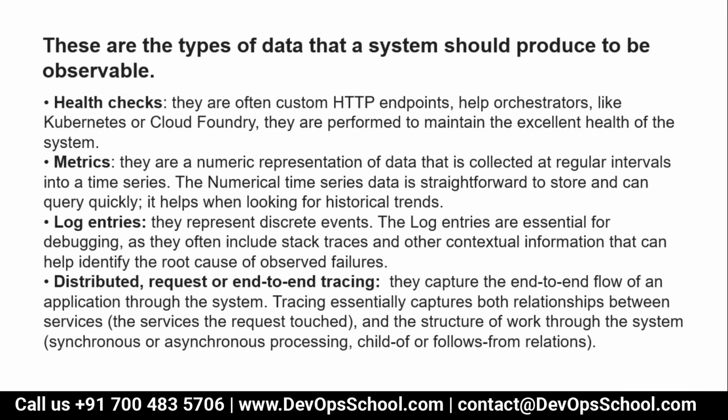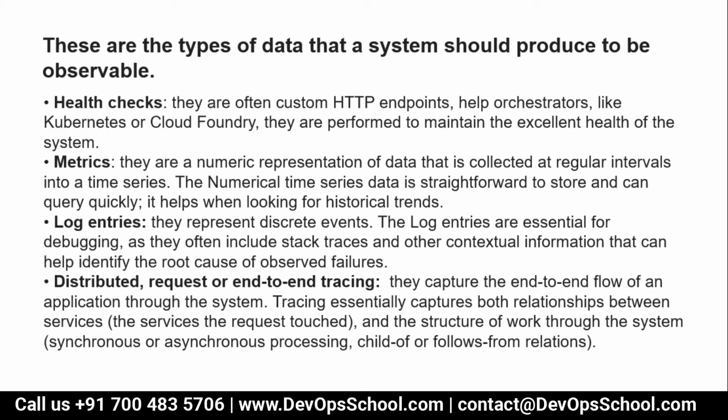So now the question is, what kind of data should a system produce? A system should produce some sort of data so you can set up observability very efficiently. The system should produce 4 different kinds of data.